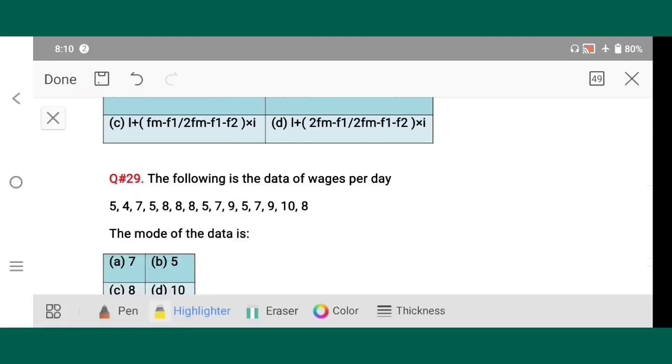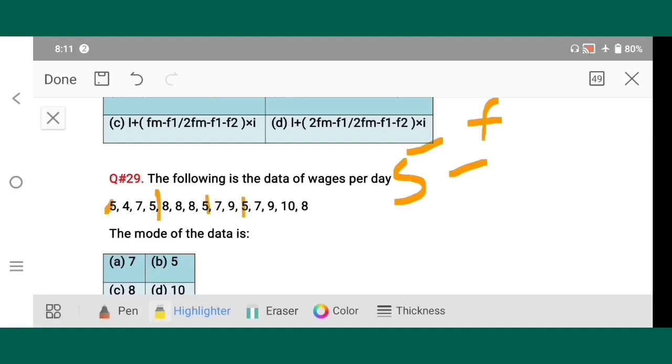So as we know, mode is the most frequent value in the data set, so here we are going to find the value whose frequency is the most in the given data. We write F for frequency.